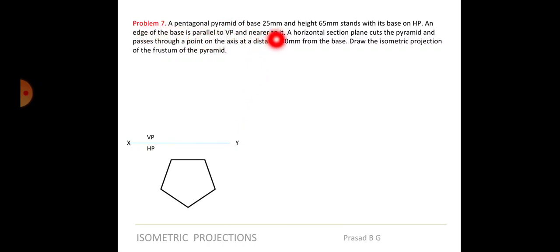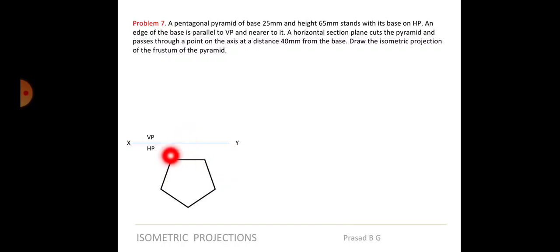They have written one full sentence here: an edge of the base is parallel to VP and nearer to it. Two conditions. One of the base edges should be parallel like this, and the second thing is the base edge which is parallel should be nearer to it. What does that mean? There is a possibility for you to draw the same pentagon keeping the base downwards like this, and it still satisfies the condition of one of the edges being parallel to VP.